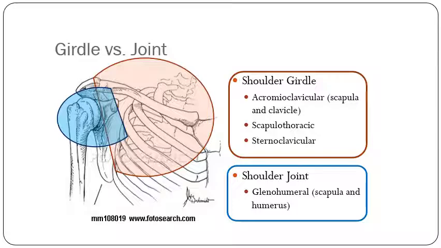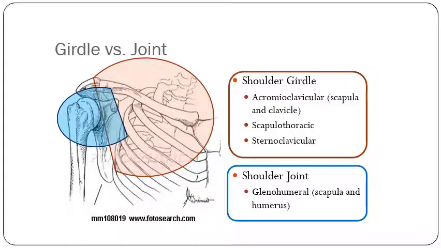It's a little hard for me to demonstrate with the pointer, but you can see the scapula right here. So it's basically that articulation where the scapula comes into contact with the rib cage, and then you have the sternoclavicular joint, where you have the articulation between the sternum and the clavicle. That's basically your shoulder girdle.